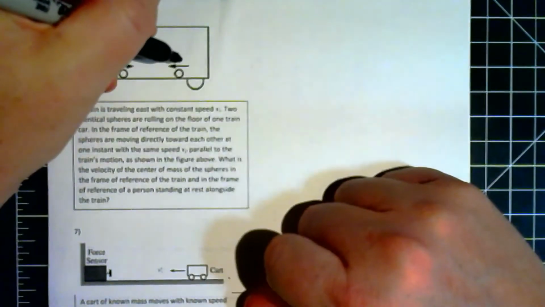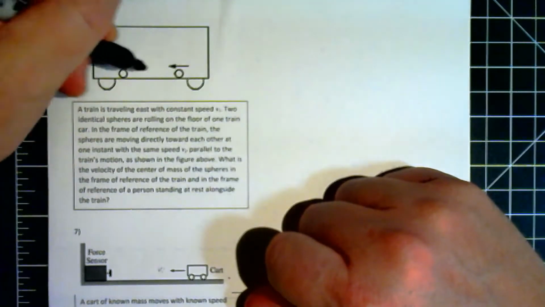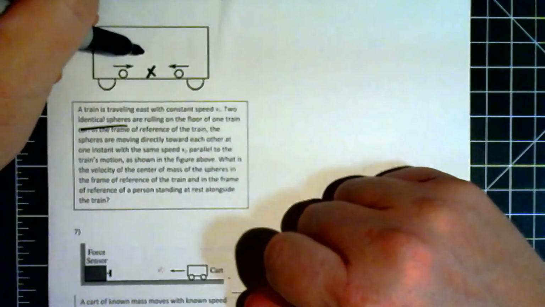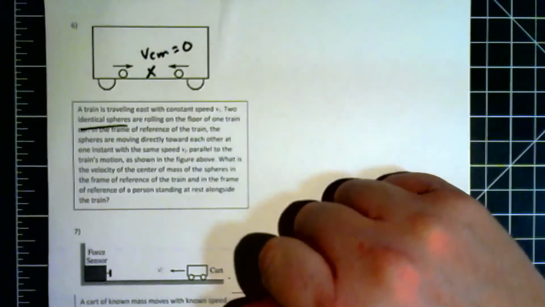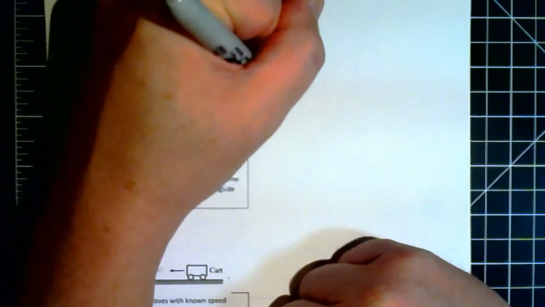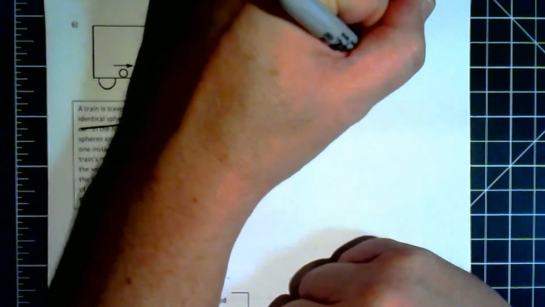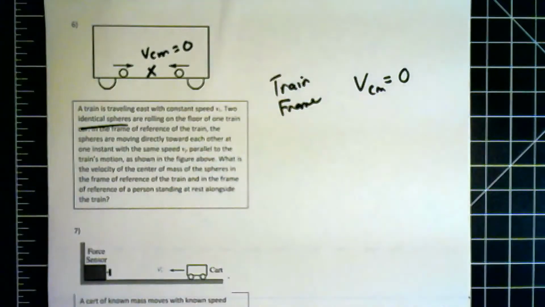Well, if I've got a certain velocity going to the right and a certain velocity going to the left of 2 identical spheres, then my center of mass velocity would be right in the middle, and it would be 0. So from the train frame of reference, V center of mass is 0. It's not changing. It would be just like if I saw 2 objects coming together and hitting and nothing happened.